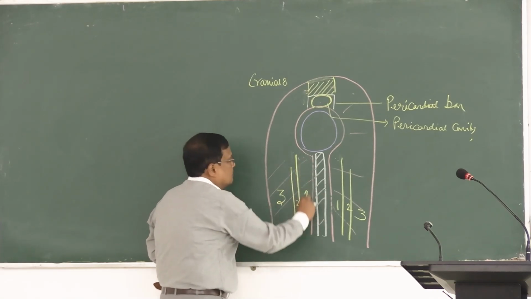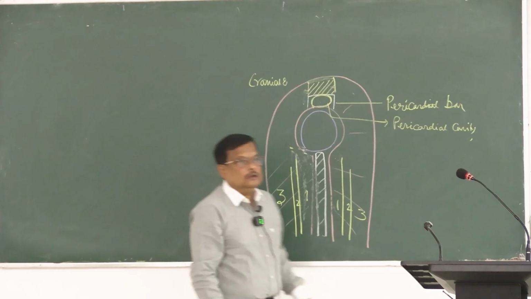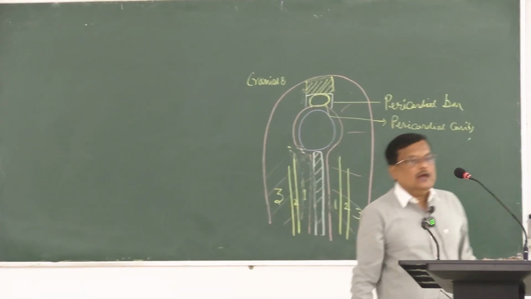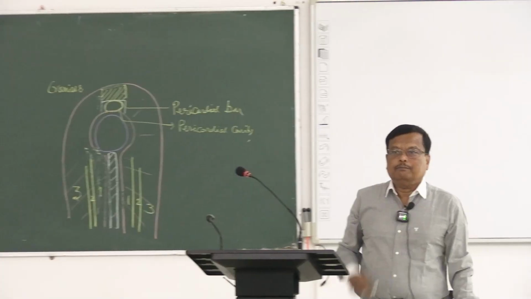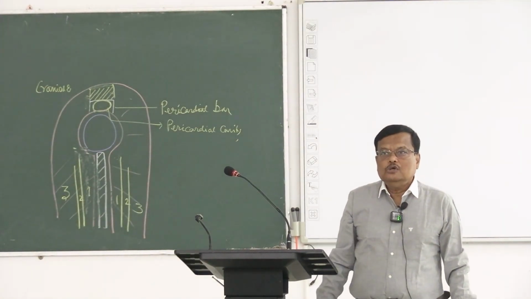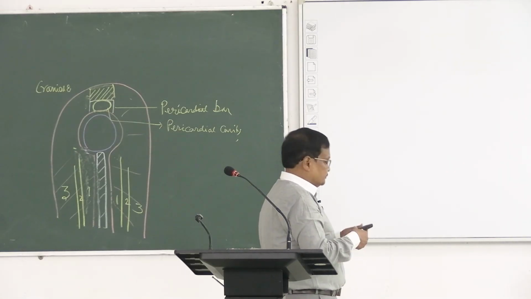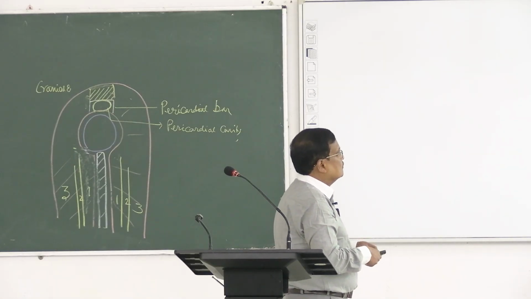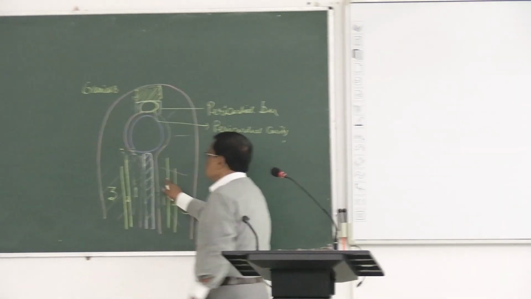So these mesoderm we call paraxial mesoderm. Par means by the side, para, by the side of the axis. So we call it paraxial mesoderm. One, paraxial mesoderm.